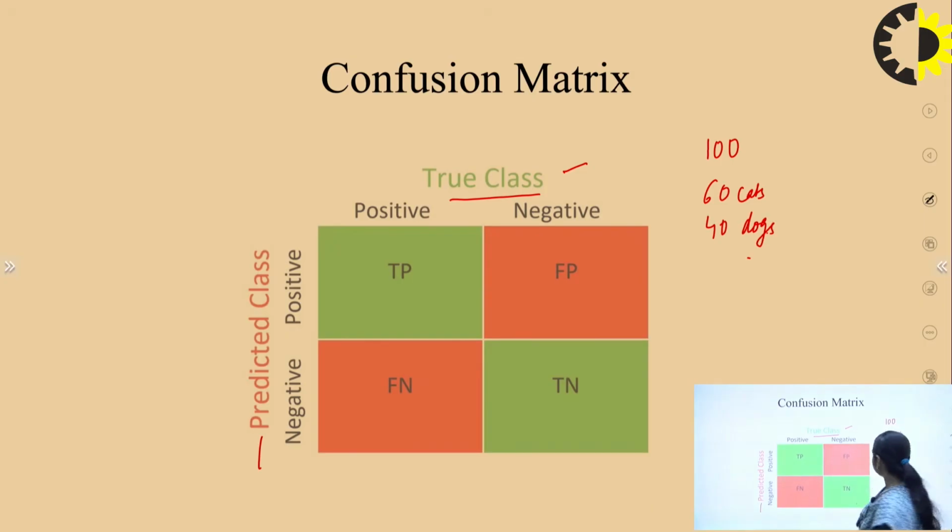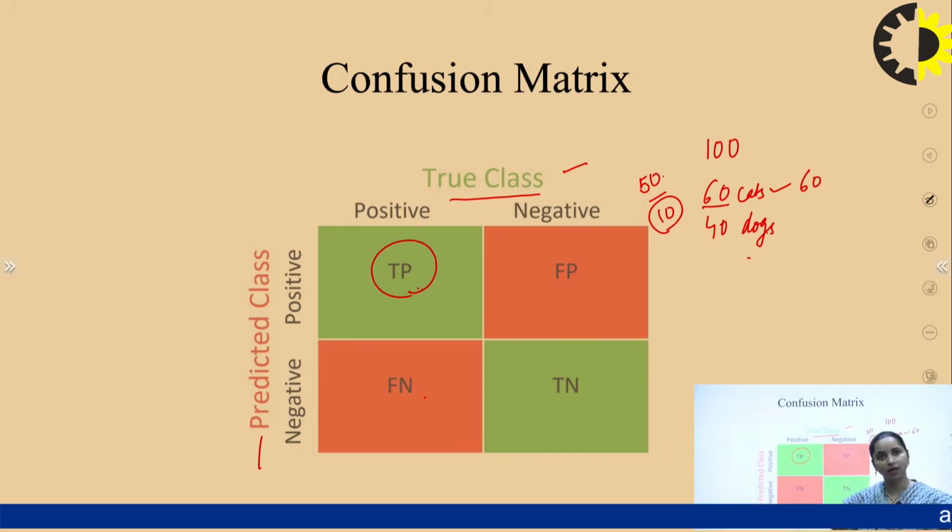If all 60 cats are detected as 60, that is the true positive value. But if out of those 60, 50 are detected by our machine learning model and 10 are not detected, these 10 should have been detected but are not. So they are considered as negative.